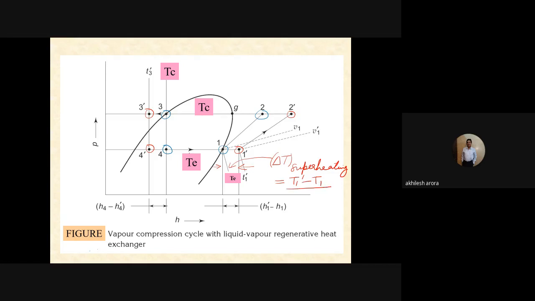And where is it taking place? It is taking place in the liquid vapor heat exchanger. Whereas there is subcooling here, this is subcooling.